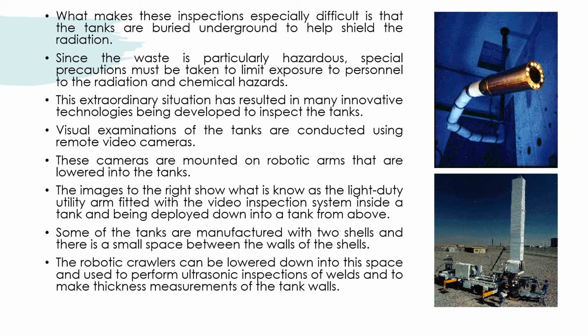Some of the tanks are manufactured with two cells, and there is a small space between the wall and the cell. The robot crawler can be lowered down into this space and used to perform ultrasonic inspection of welds and to make thickness measurements of the tank wall.